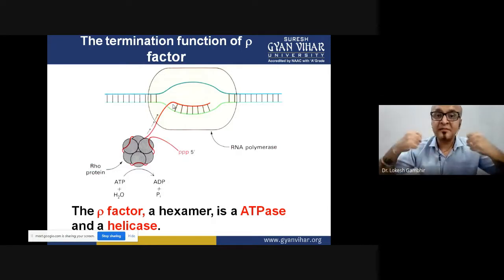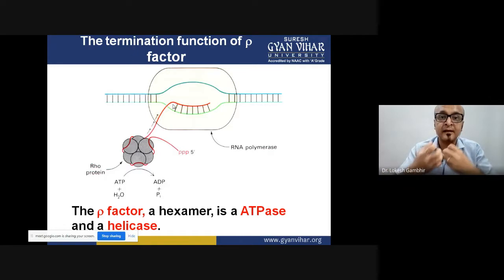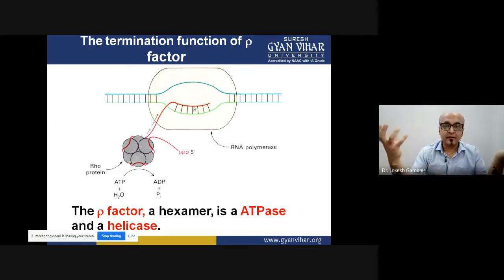Once it opens up the RNA DNA complex, the transcription bubble integrity is being lost. Now this particular RNA molecule will be released and the RNA polymerase will be dissociated and that complementary strand of DNA will rejoin to give rise to double strand DNA. And this is how the complete process is terminated.